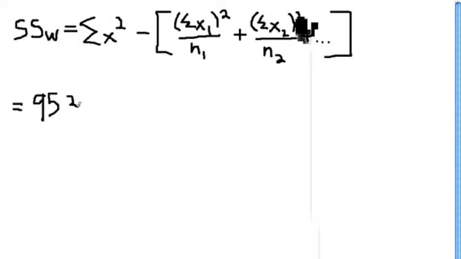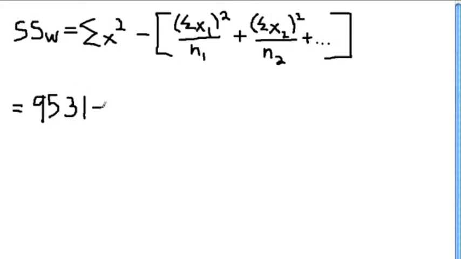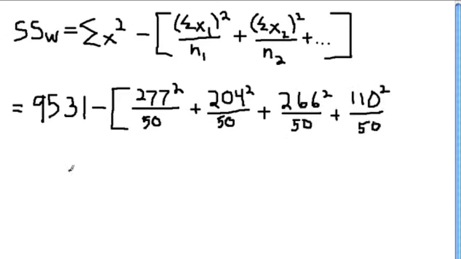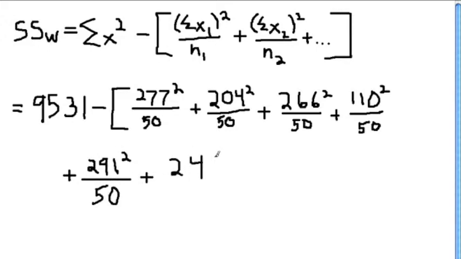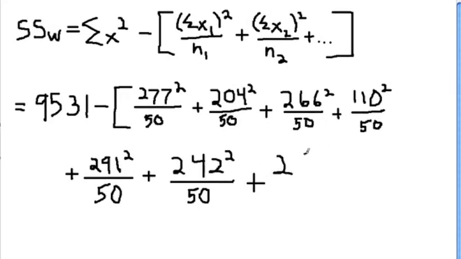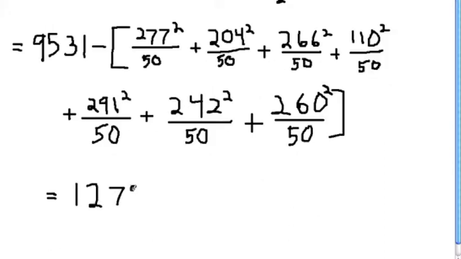And replacing that with numbers, it should be 9,531 minus 277 squared over 50, 204 squared over 50, 266 squared over 50, 110 squared over 50, 291 squared over 50, 242 squared over 50, 261 squared over 50. And I get 1,279.66.